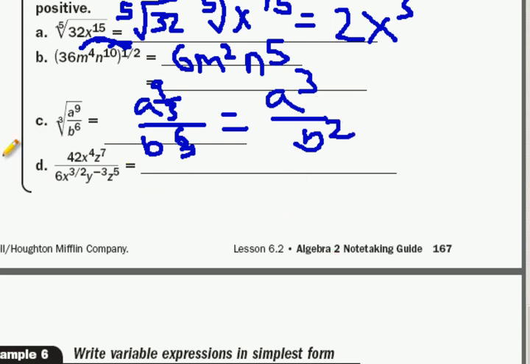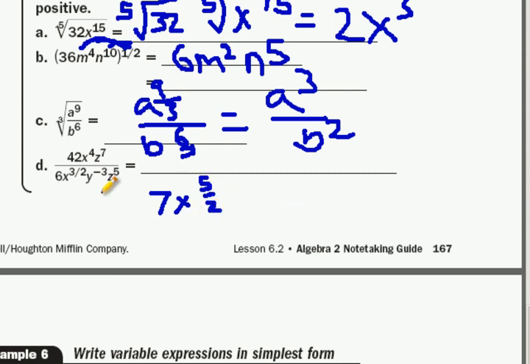And look at this monster. What I like to do with these ones is I like to break them into all the different parts. So 42 divided by 6 is 7. X to the 4th over x to the 3 halves. Well, x to the 4th is really 8 halves minus 3 halves, which would be x to the 5 halves power.